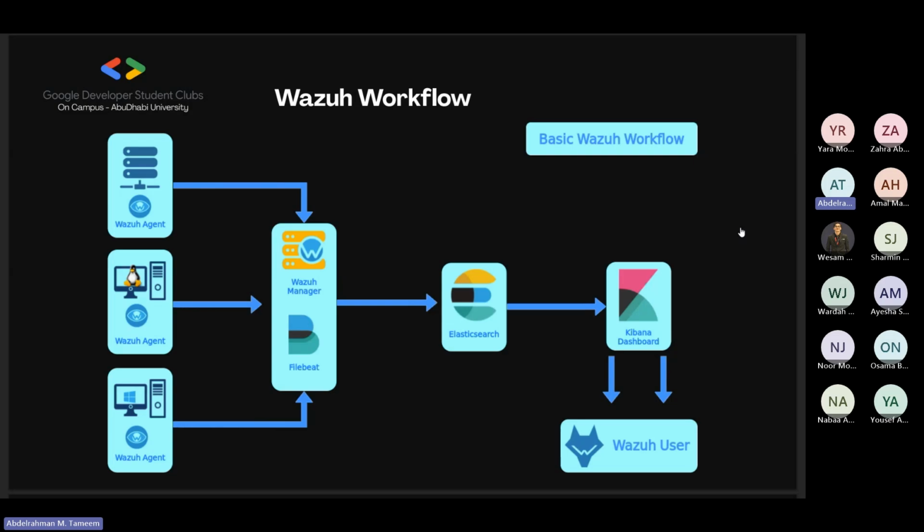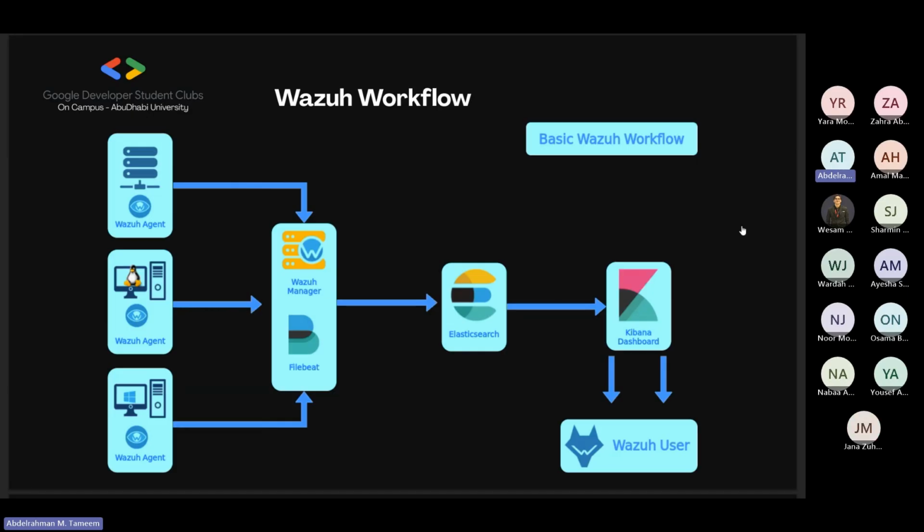Okay. And then after this data is gathered, it will be taken to Elasticsearch, whose job is to sort the data and clean it in a way that gives you the ability to search through it. Once you have Elasticsearch sorting the data, you will be able to view this data in a UI, a dashboard, which you could search through.